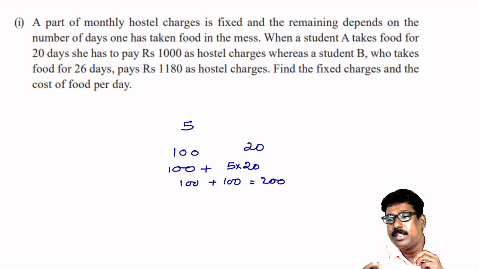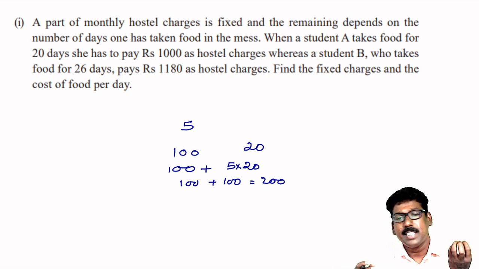When a student A takes food for 20 days, she has to pay rupees 1000 as hostel charges, whereas a student B who takes food for 26 days pays 1180 rupees as hostel charges. Find the fixed charges and the cost of food per day.